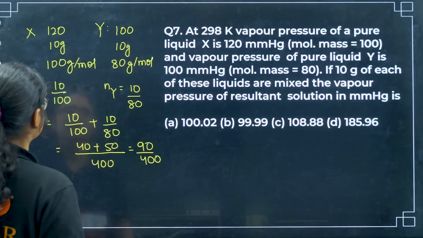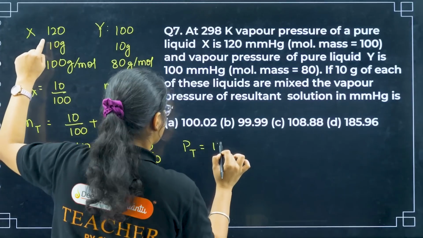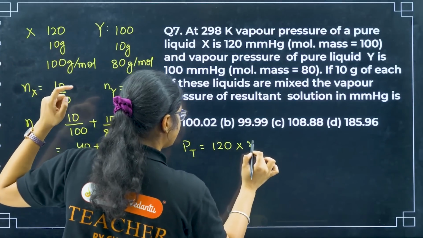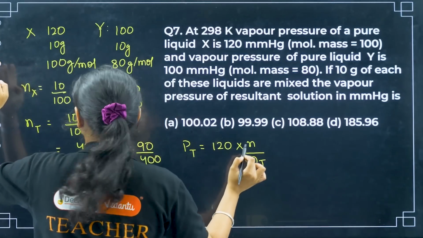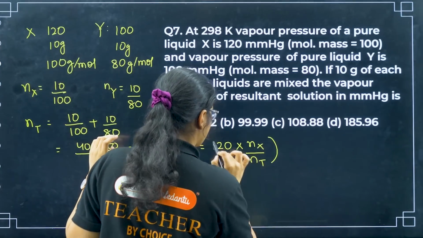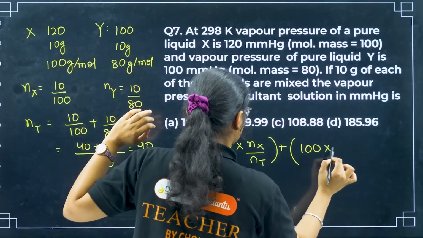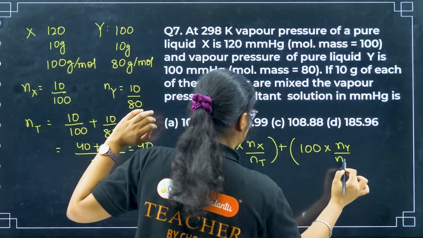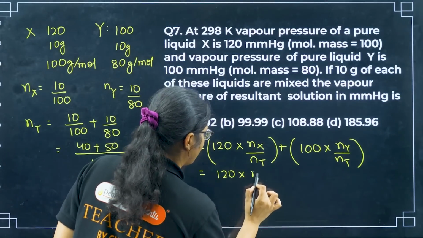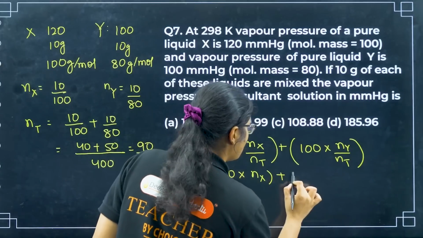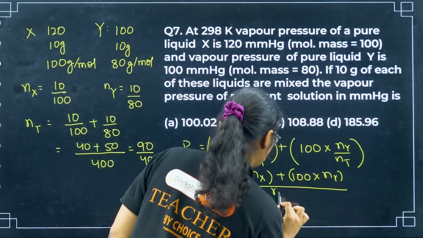Now if I put the formula for P total, it is P naught X, that is 120, into XA. XA is NA by N total, but here I will use the terms X and Y. Then plus 100 into NY by N total. So in total, 120 into NX plus 100 into NY divided by N total.